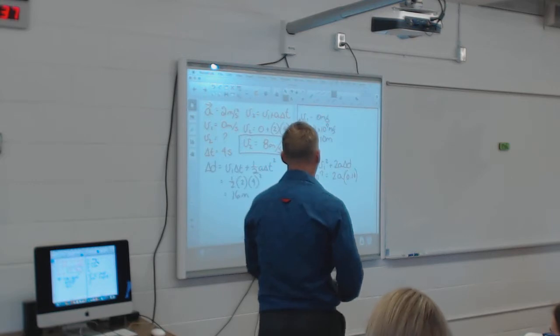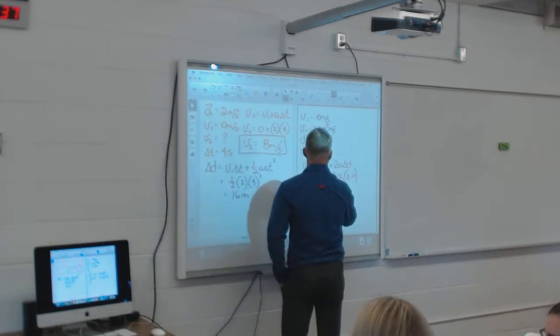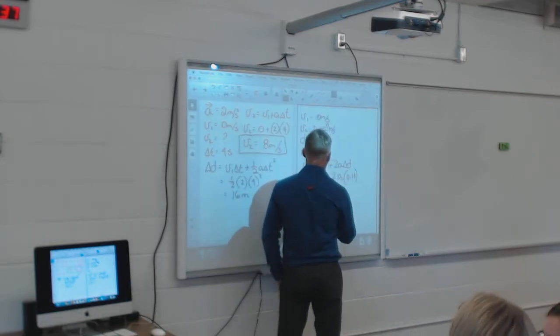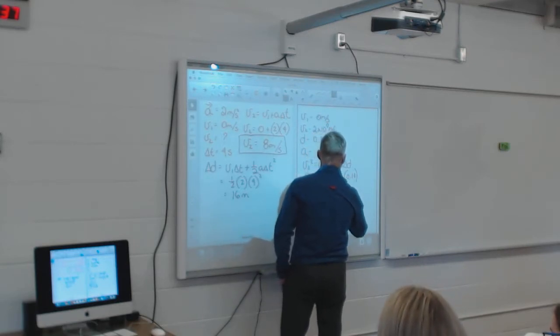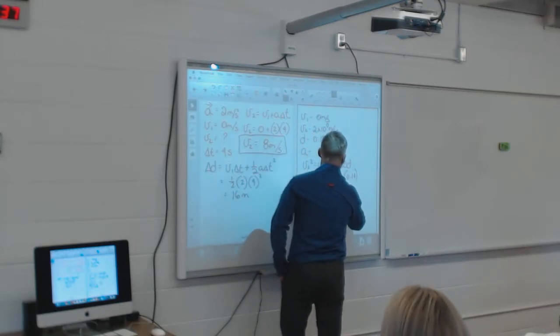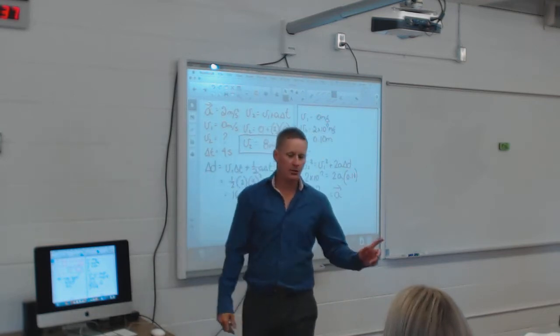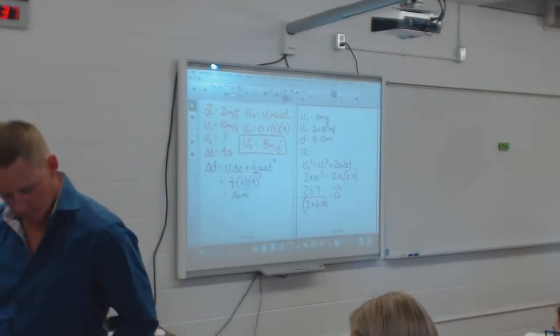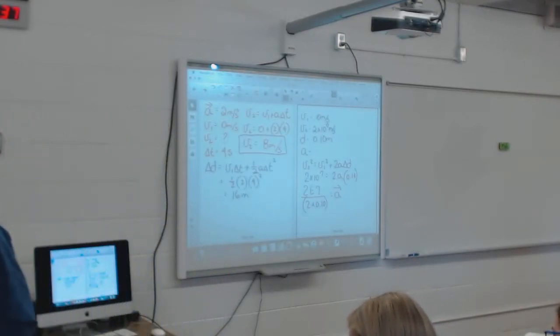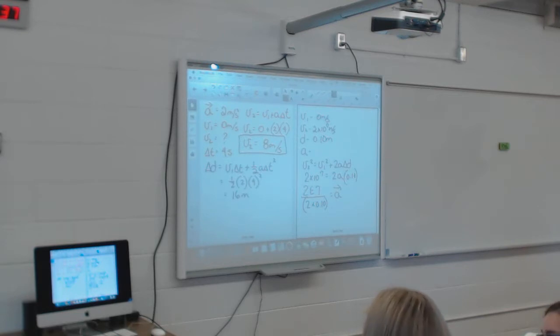So on this calculator, it's the EE button. So 10 exponent 7, divided by 2 times 0.10, equals your A. If you do not have the EE button, you should have an exponent button on your calculator. It means the same thing.